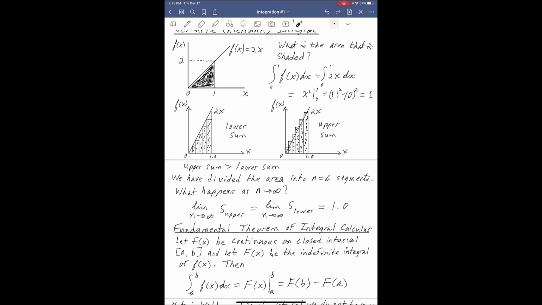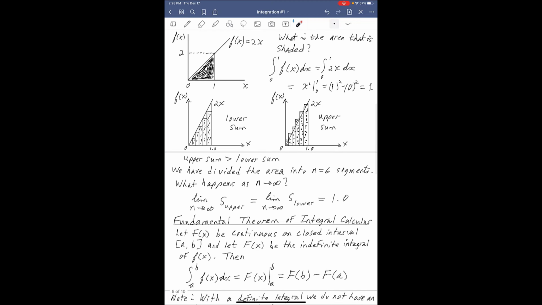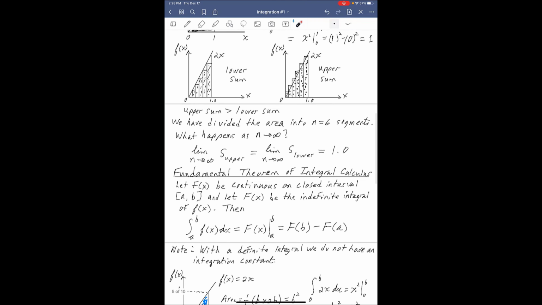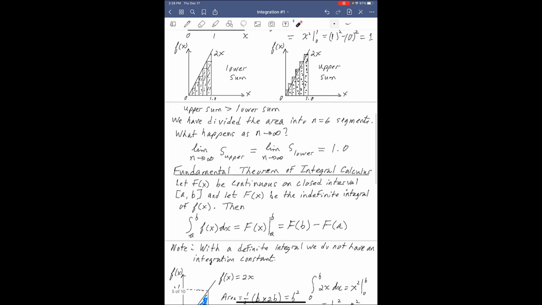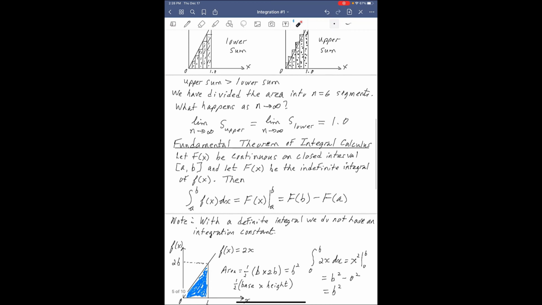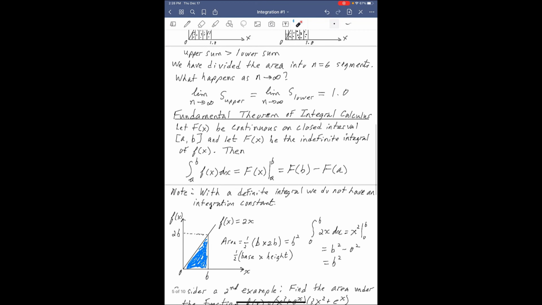So the upper sum is greater than the lower sum, and in this case we've divided our area into n equals 6 segments, and our question is what happens as n approaches infinity. So as you have an infinite number of segments between 0 and 1 rather than just the 6 we're using. And I think the text is using 5 or 10 or something like that to make it somewhat simpler.